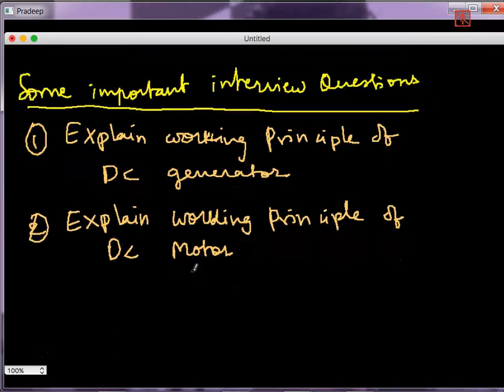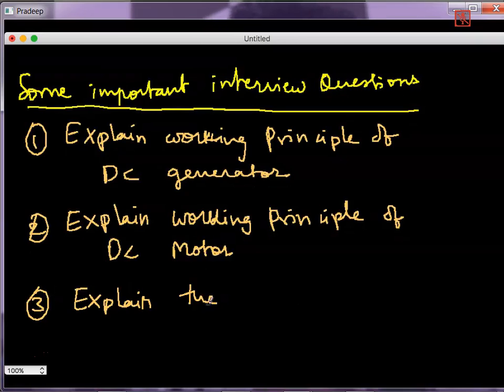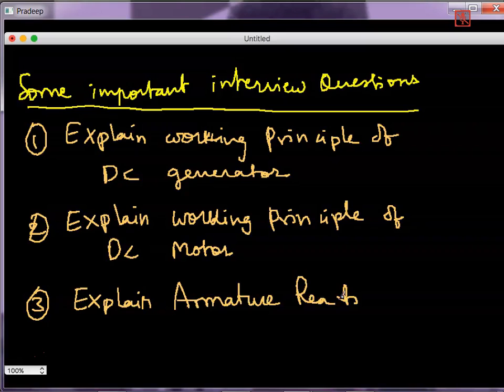And another important question can be, explain armature reaction in a DC machine.